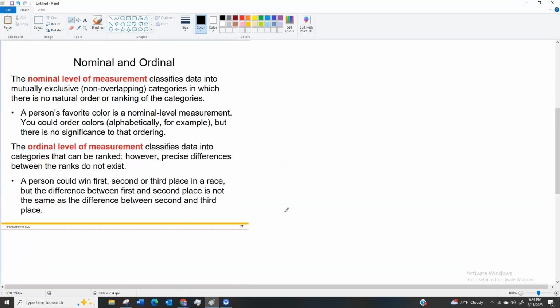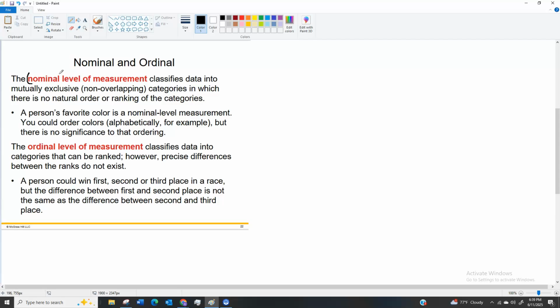For nominal and ordinal, nominal level of measurement is data that puts it into mutually exclusive, which means they don't overlap, categories, but there's no natural order or ranking. So basically all you can give the variable or the data is a name. So you can see how that's just qualitative data. It's just a quality. So how do you remember that?